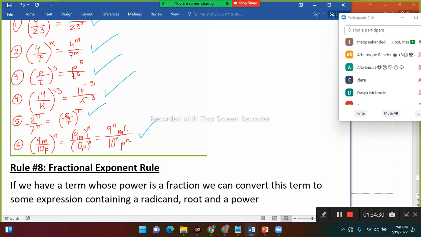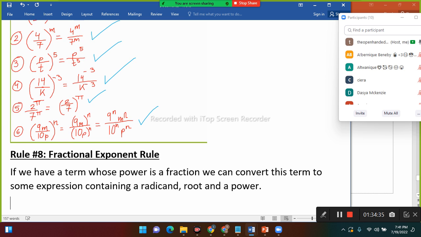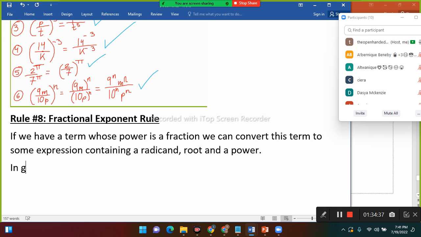So what do we mean? In general, this rule can be stated as the following.